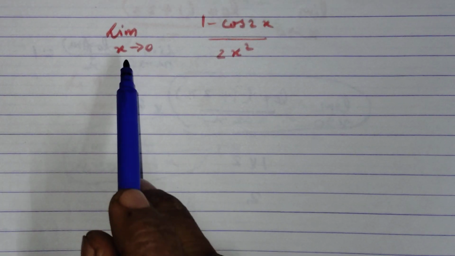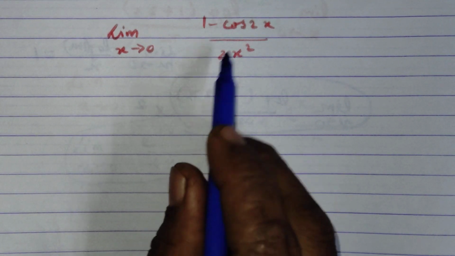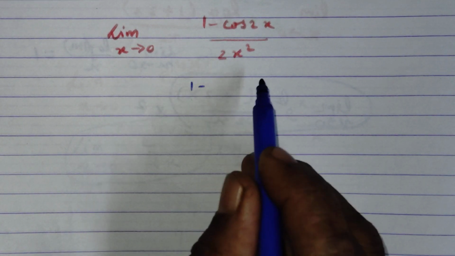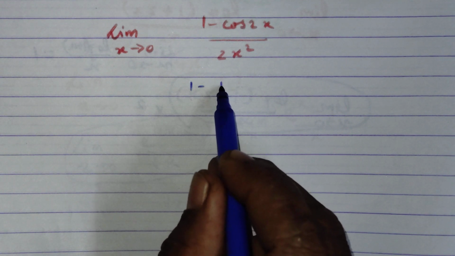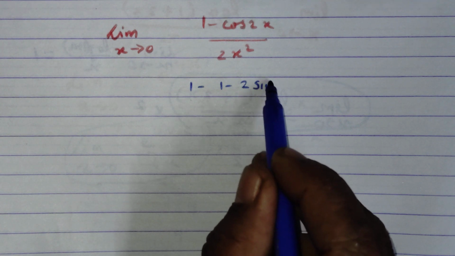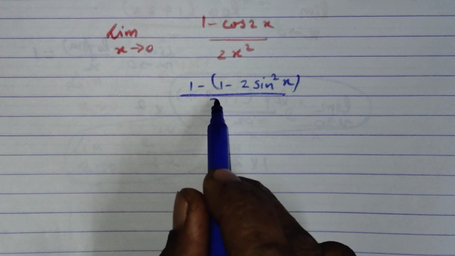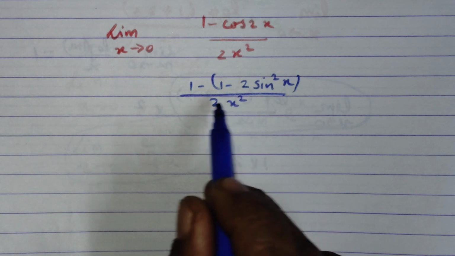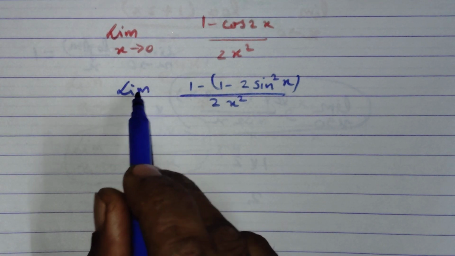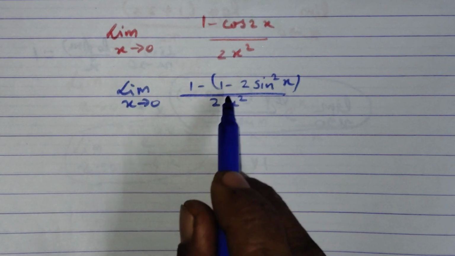In the next question, limit x tends to 0, (1 minus cos 2x) upon 2x square. So cos 2x is written as 1 minus 2 sin square x. This is the identity of cos 2x. So 1 cancels out, this becomes positive.